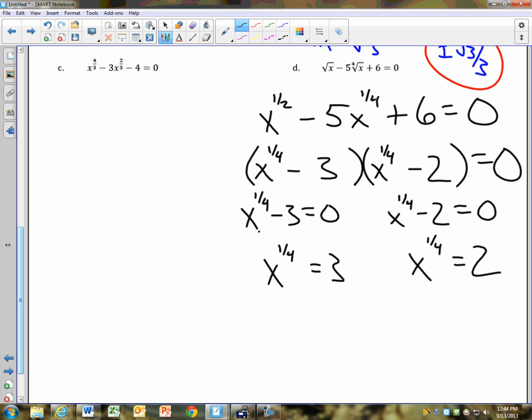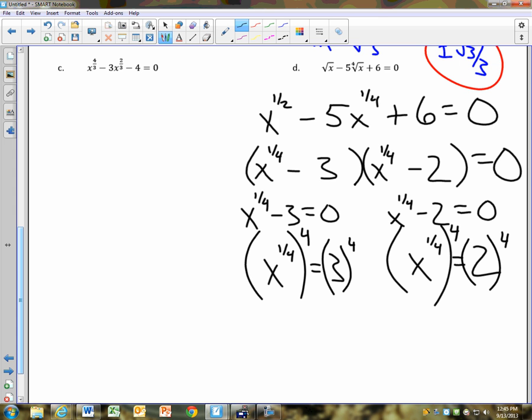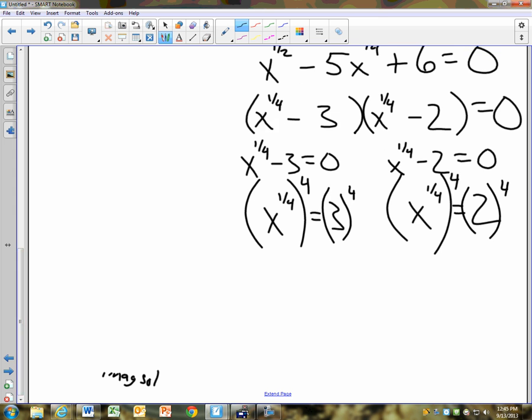Raise it to the 4th. Three to the 4th is 81. 2 to the 4th is 16. Those are your two solutions. You can plug them back in and check, make sure they work, and they do, in fact, work.